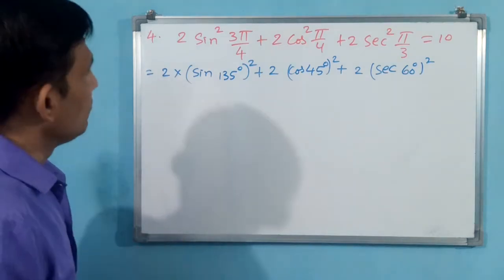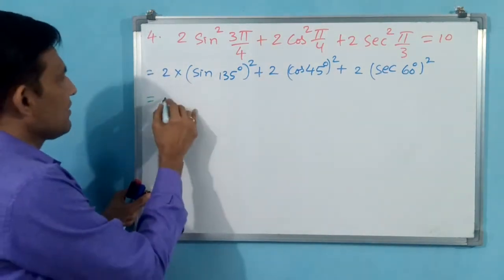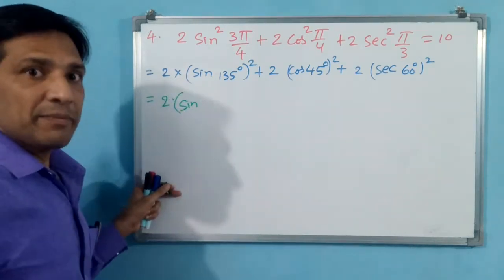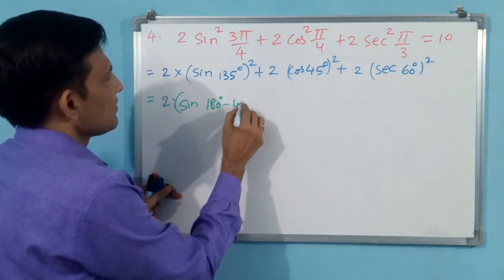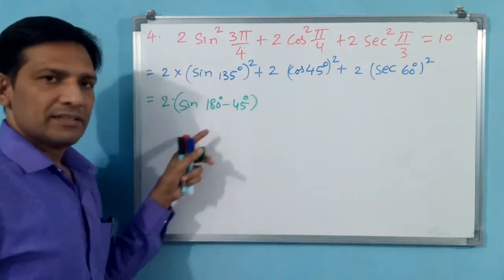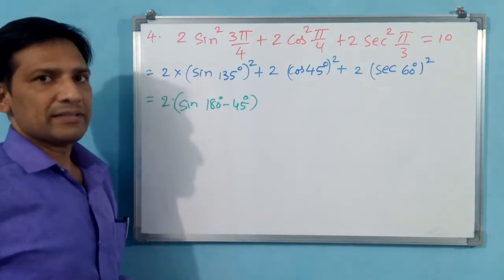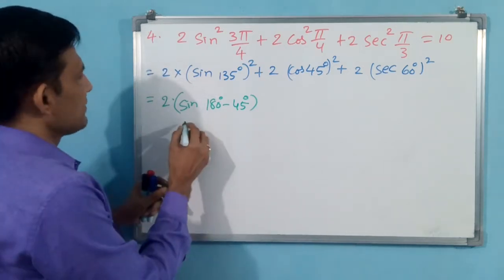That is equal to, you see, sin 135, how you have to convert: sin of 180 minus 45 degree. Is it correct? Sin 180 minus 45. Sin 90 plus 45 also you can write. Both will give the same answer.